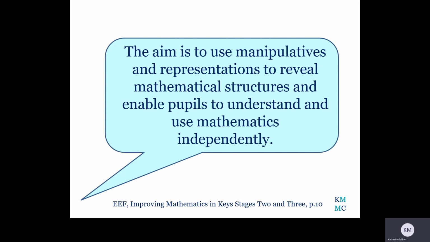So if we just look at these structures in a bit more detail, if we start with aggregation, the suggestion is very much that the children are starting by working with either concrete or pictorial representations, and they are describing what is happening. So that might look something like this. There are 5 flowers in one bunch, there are 2 flowers in the other, there are 7 flowers altogether.